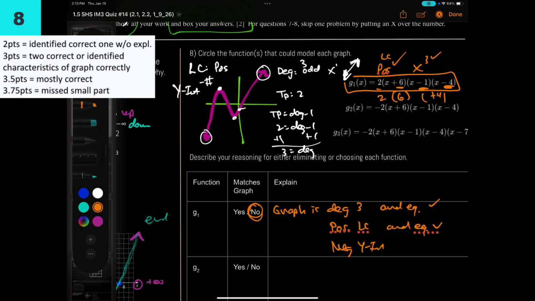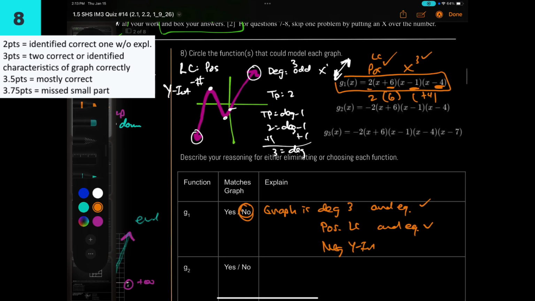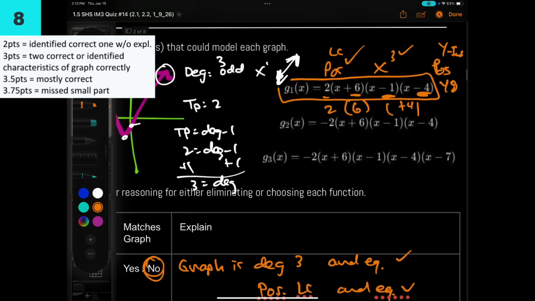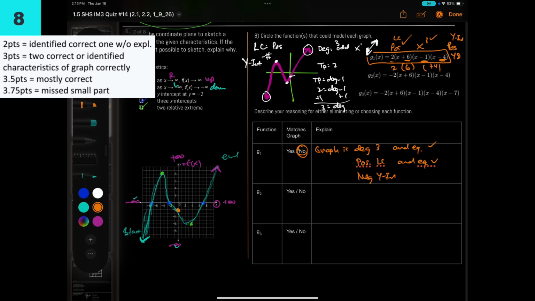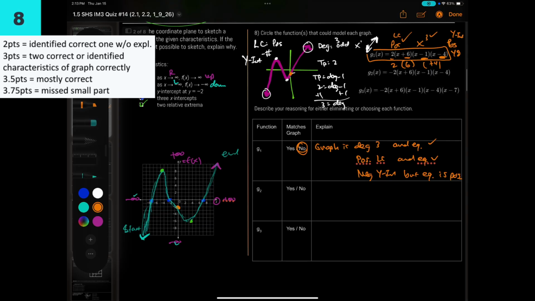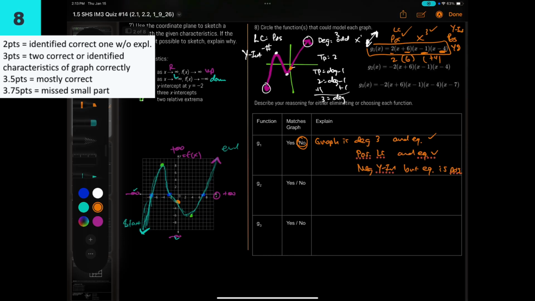So that's going to give me a positive 48 as my y-intercept. Okay, this is bad because down here we have a negative. That's why it's a no. So negative y-intercept, but equation is positive. Okay, so a lot of students marked all of this right, and then they got that one wrong. That was like a 3.75.